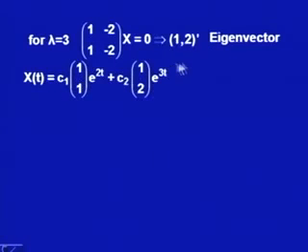Once we have obtained eigenvalues and corresponding eigenvectors, then x(t) is equal to C1 multiplied by the first vector e^(2t), and then plus C2 times the second vector (1, 2) into e raised to the power 3t. So, this is the solution of the given system of differential equations.